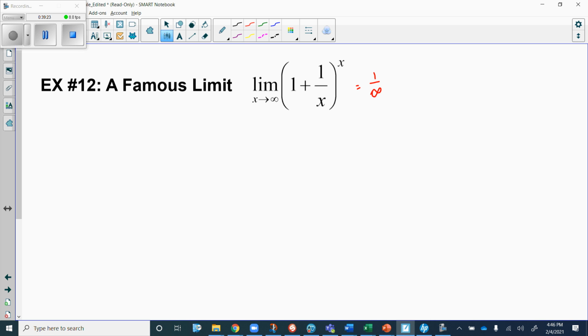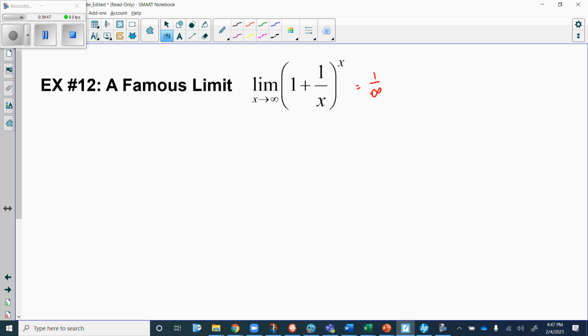Yes, you do wind up with 1 over infinity. But we know that 1 over infinity in this case is not going to give me a limit of 0. It's definitely going to give me a limit of E.